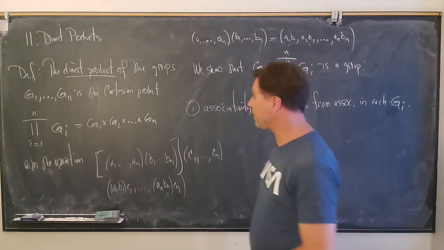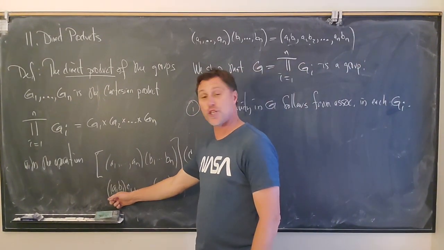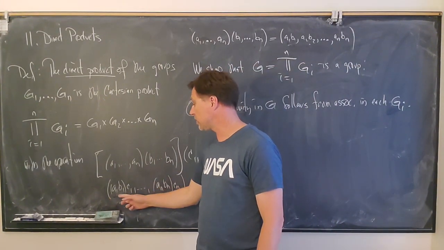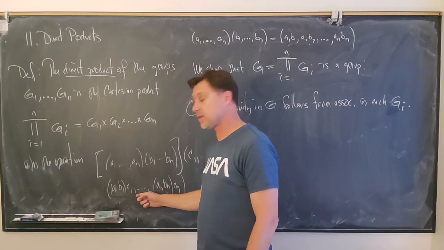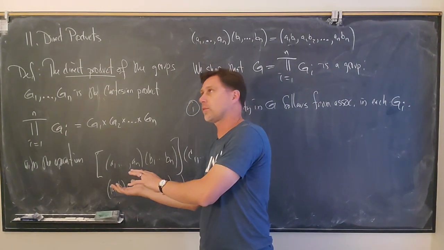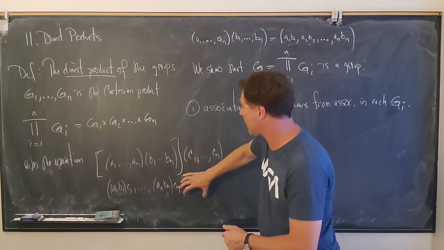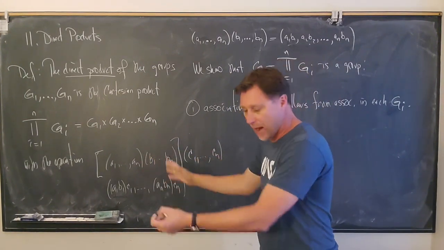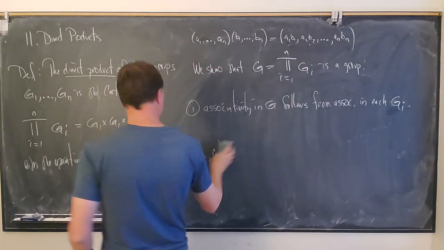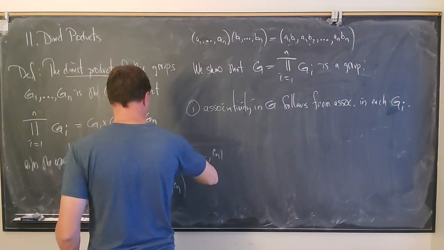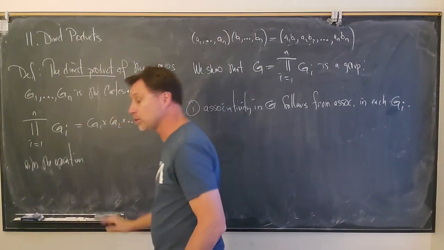That's what it would look like, and then you use the fact that G1 has associativity, so move the parentheses here. There'll be some parentheses in G2, so use associativity to slide the parentheses in the second entry. All the way down, slide the parentheses over, and then unravel things. So associativity comes directly from the fact that we have associativity in each of the capital G_i.